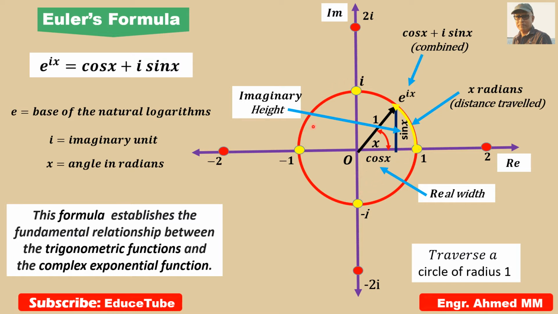Also, another important point we need to understand is that the real number goes left and right, the imaginary number goes up and down.